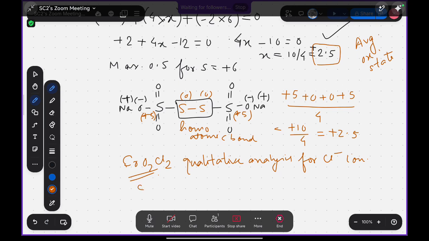This is called chromyl chloride. Chromyl chloride is formed during the chloride ion detection. You will do that in your practical classes.